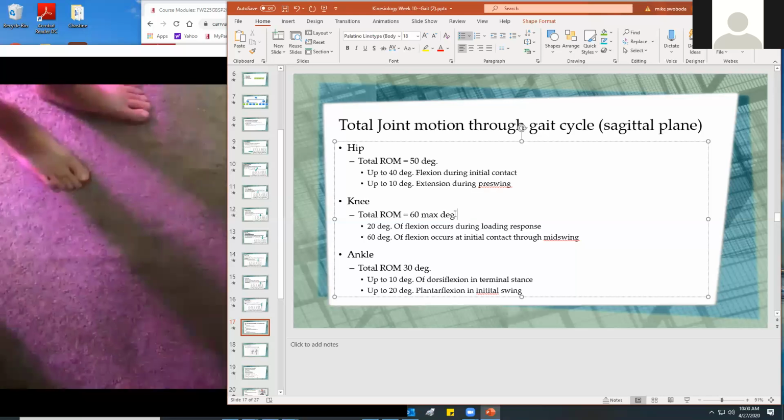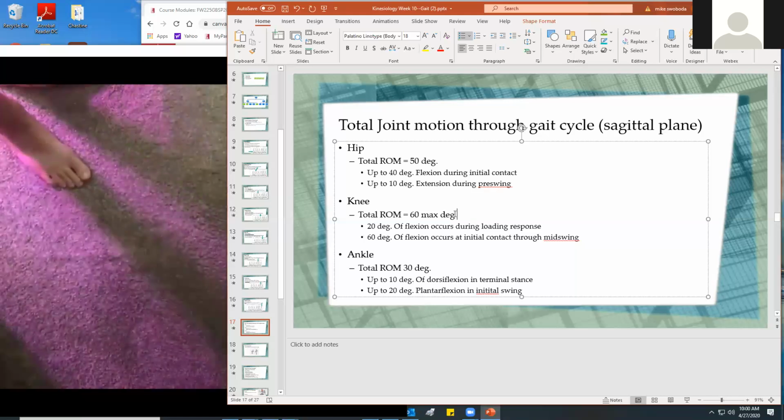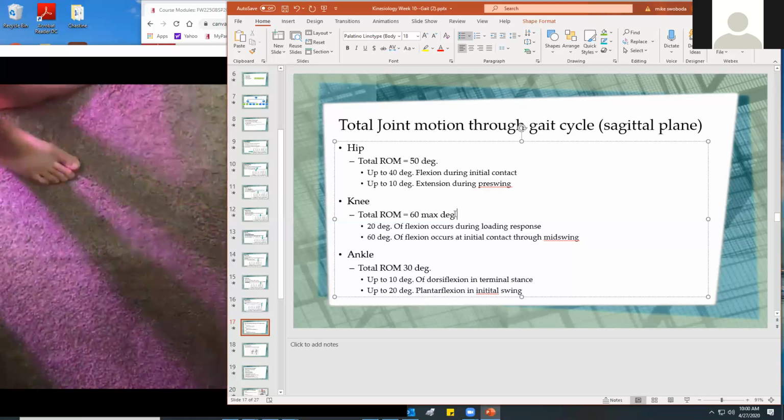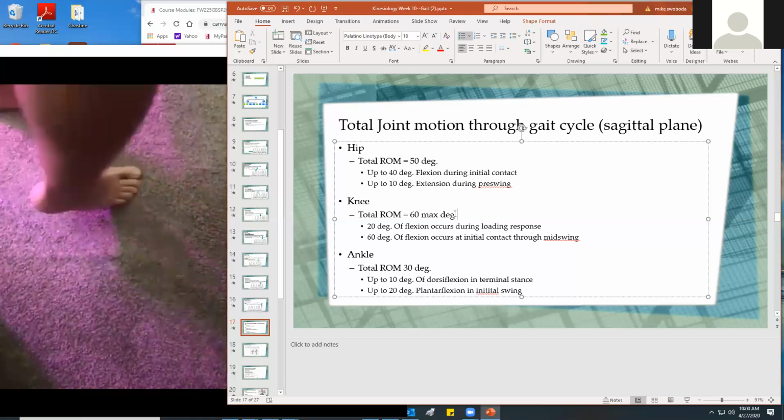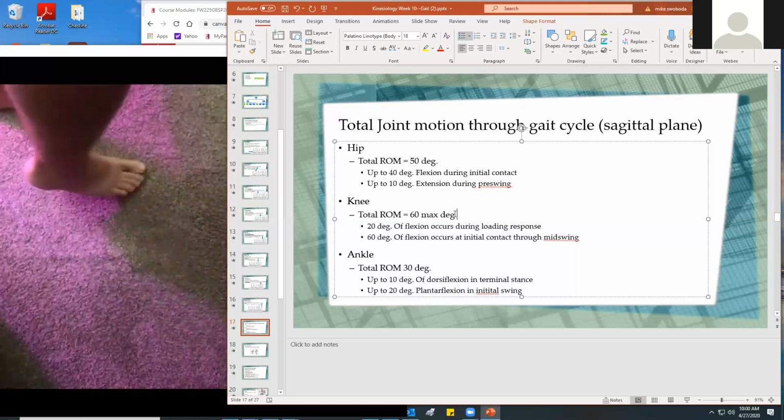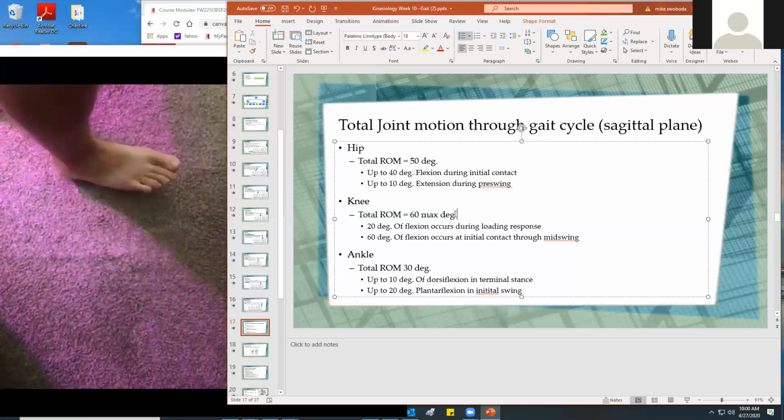When I look at my ankle, terminal stance is where I am just about to touch the ground. When I'm just about to touch the ground, I am in dorsiflexion.